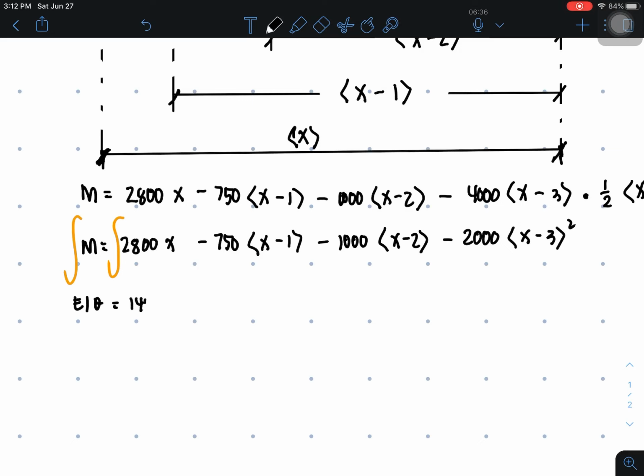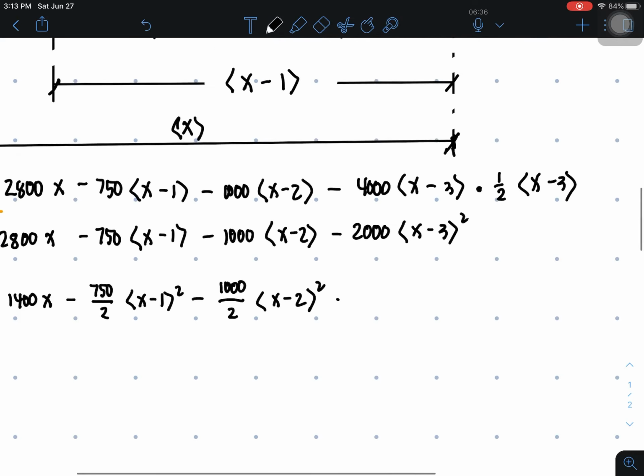So, this is 1,400 x minus 750 over 2, x minus 1 squared, minus 1,000 over 2, then x minus 2 squared, then minus 2,000 over 3, x minus 3 cubed, plus C1.